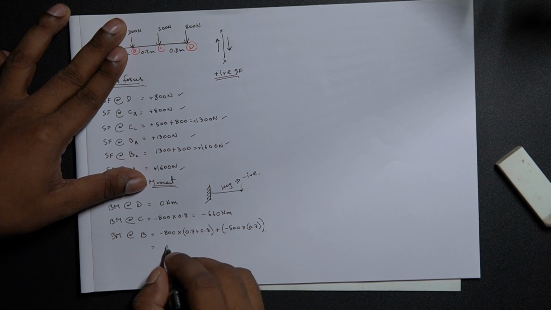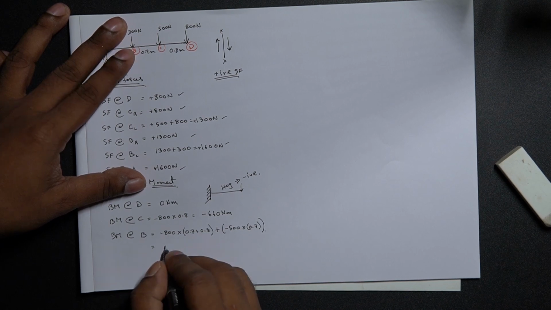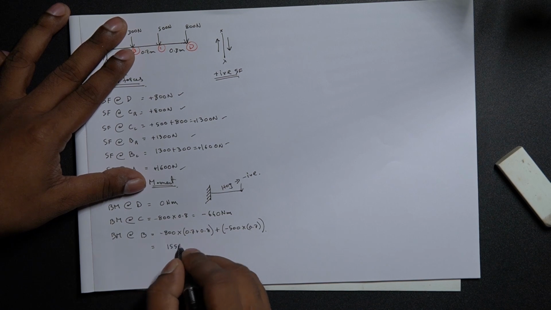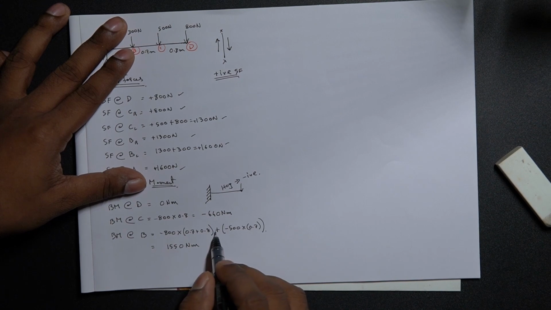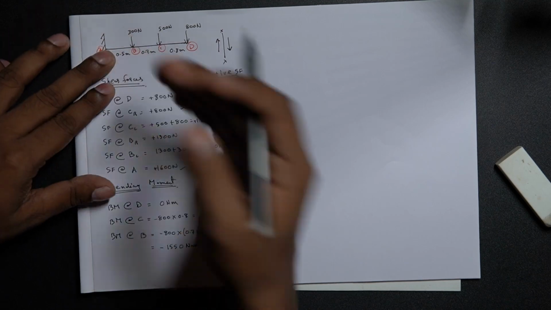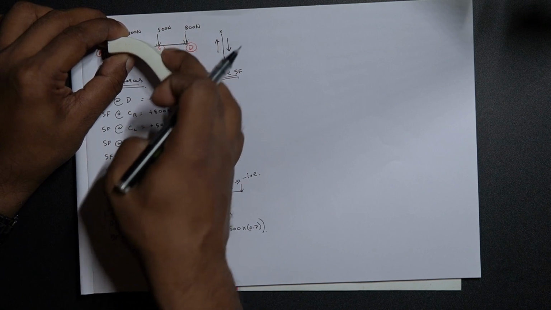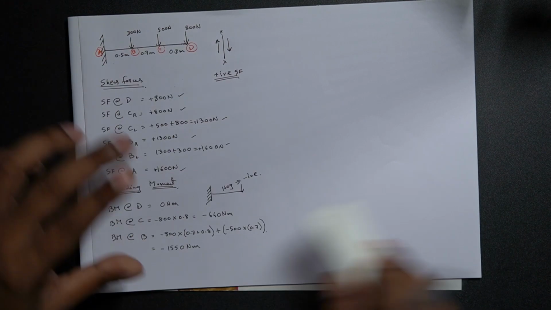So this should give us 0.7 plus 0.8, that is 1.5, and 500 times 0.7, summing up to a total of 15 Newton meter. And since plus into minus is minus, everything should be in minus, so it is a negative bending moment. Or you can just identify that all the moments are causing a hogging action, so the moment would be negative anyway.